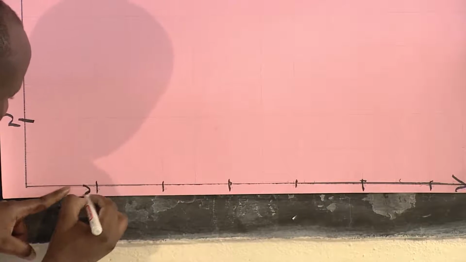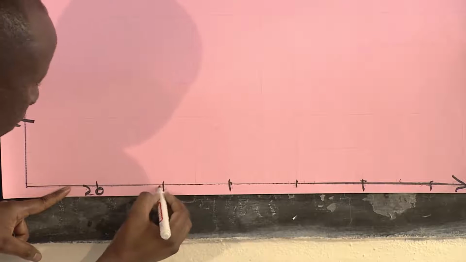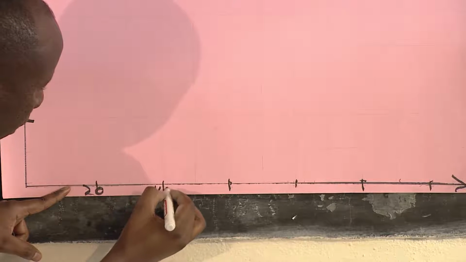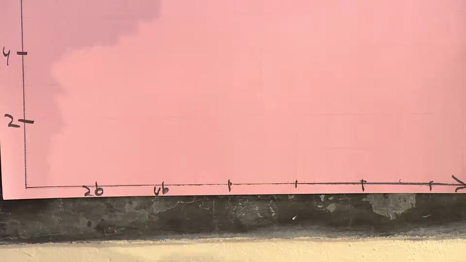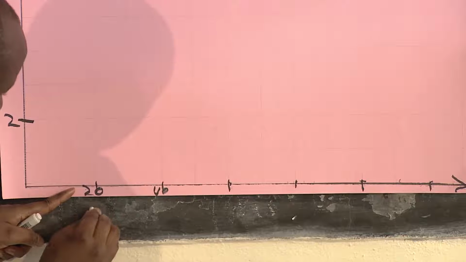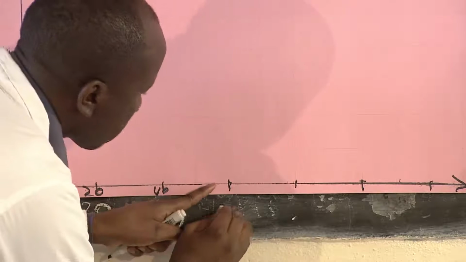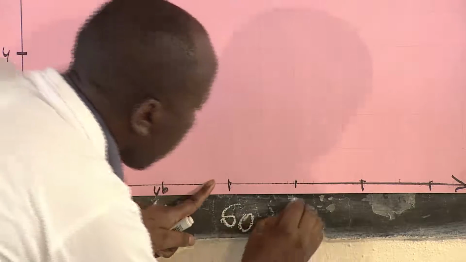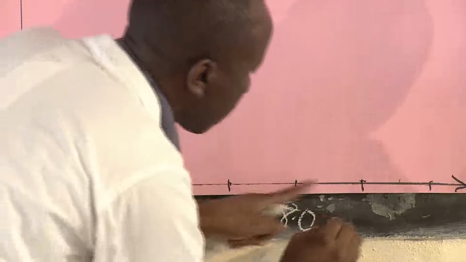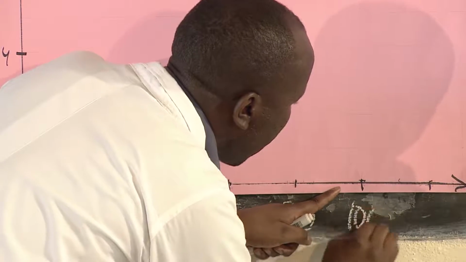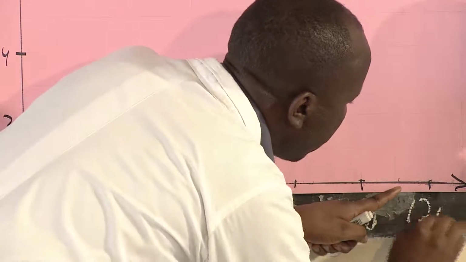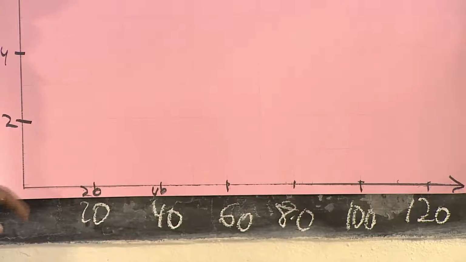So then after I also have this graduation on this, whereby we can now say that this is 20, and this is 40. Okay, so here we have 20, this is 40, this is going out to be 60, and here let's say that is 80, and here we have 100 and 120. Do you see that?